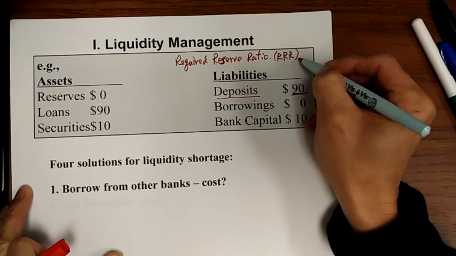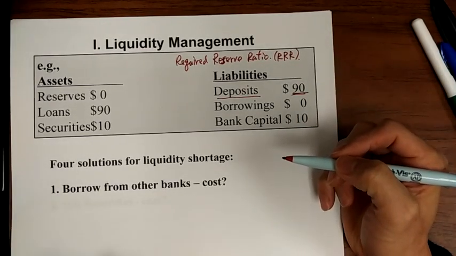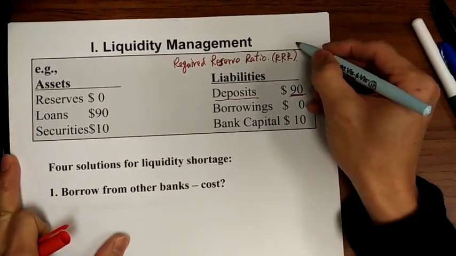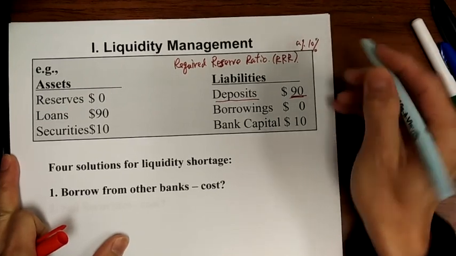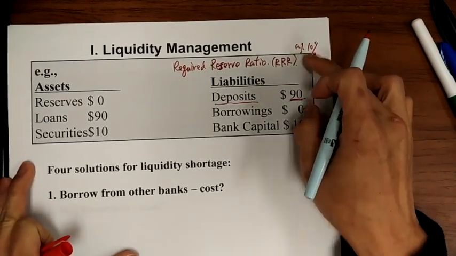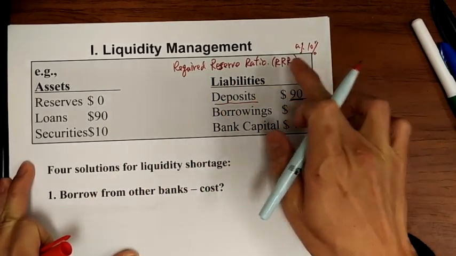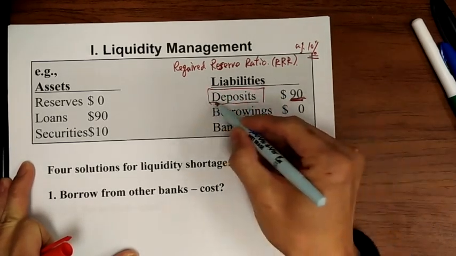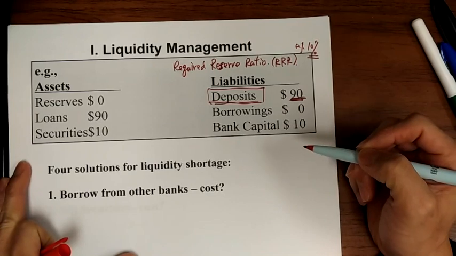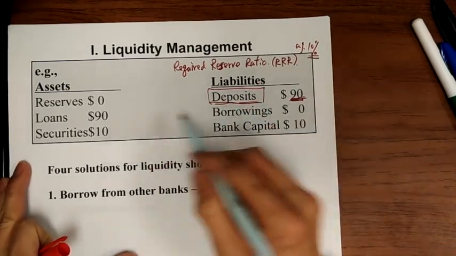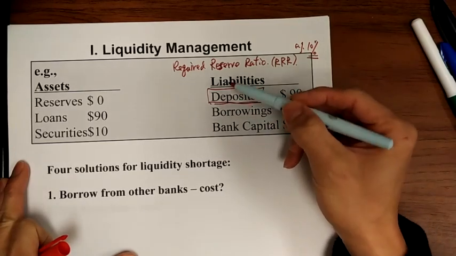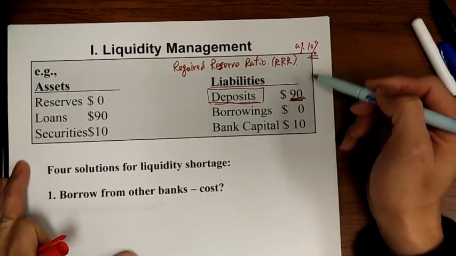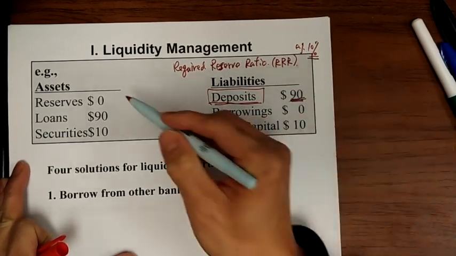Say, for example, if the Fed sets a required reserve ratio of 10%, that means the commercial banks will have to keep at least 10% of the deposits in reserve. In this example, this commercial bank has a deposit of $90. Therefore, they have to keep at least $9 in the reserve.